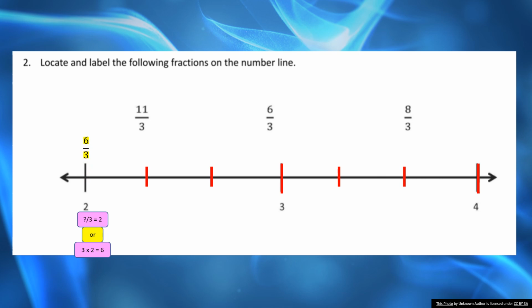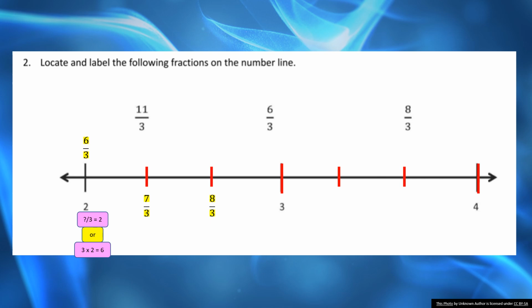Now, this is a number line, which means we count up in number order. Since my first fraction is 6 thirds, my next fraction is going to be 7 thirds. What number comes after 7 when you're counting? That's right, 8. So my next fraction is 8 thirds.